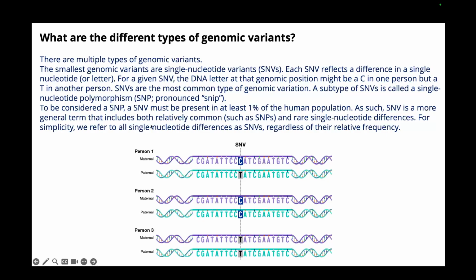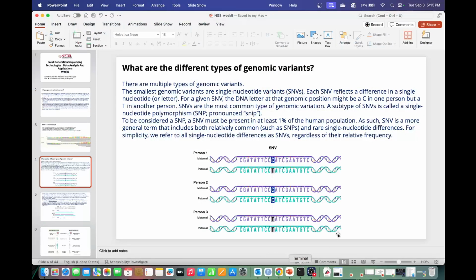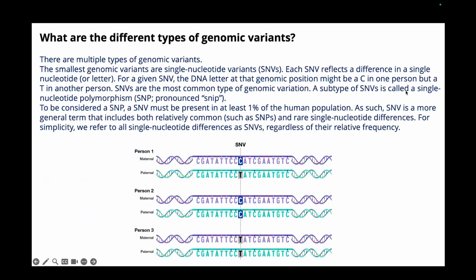To be considered a SNP, a single nucleotide variant must be present in at least 1% of the population. We do not have access to sequence data for the whole population, so in this case the population means the cohort of samples that you are trying to sequence. There are cohort studies like the 1000 Genomes or gnomAD, and other studies where they sequence thousands of individuals and check for different SNPs and SNVs.